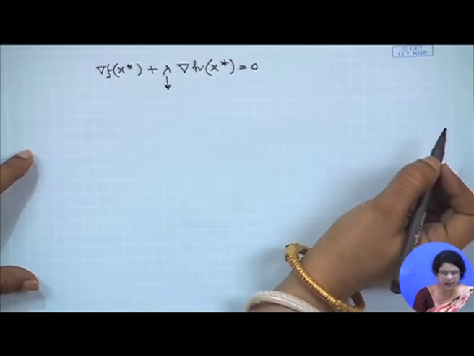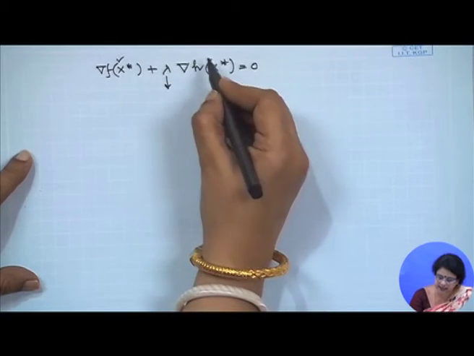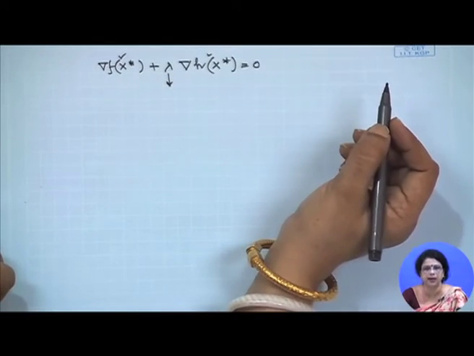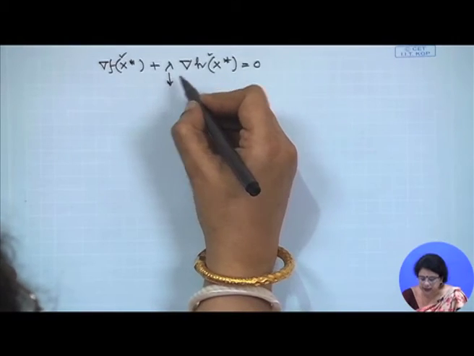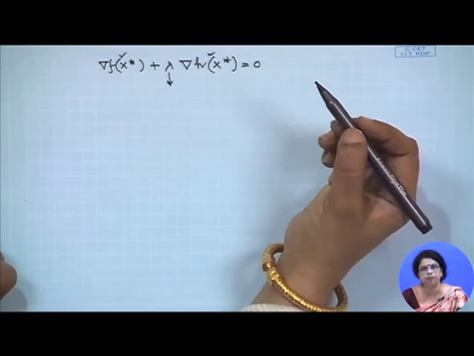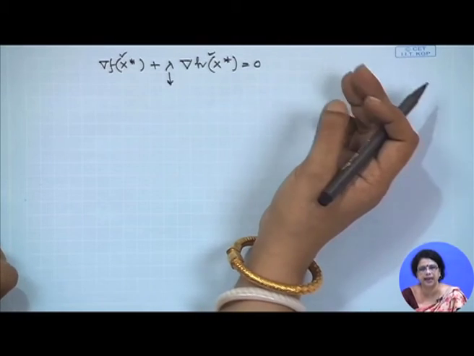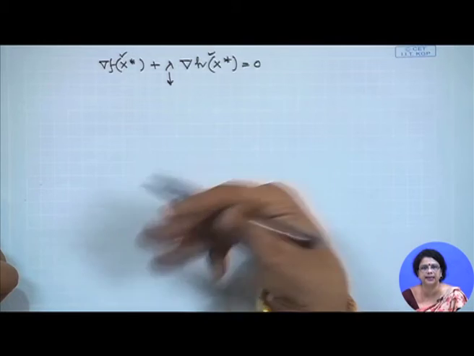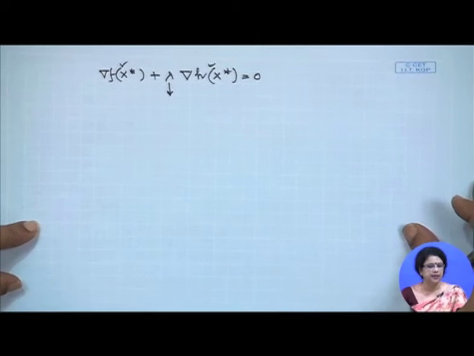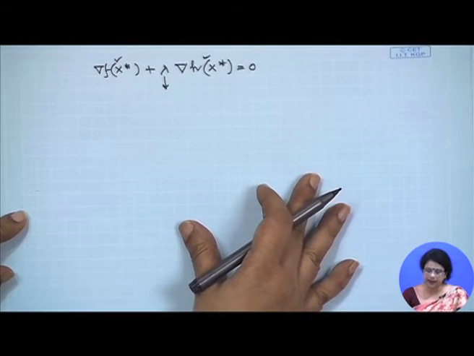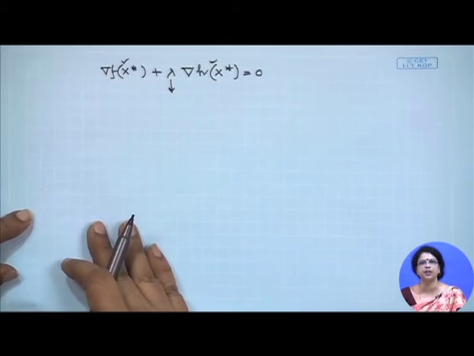Can we not say from here that these two vectors are parallel? Depending on the sign of lambda, we can say whether these parallel vectors are directed in the same direction or in the opposite direction. That part is clear. Now, whatever condition we get from the Lagrange theorem is the first order necessary condition. We do not know whether this condition is at all a sufficient condition or not.